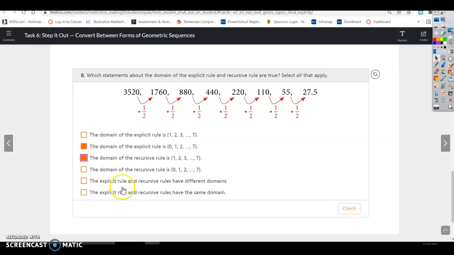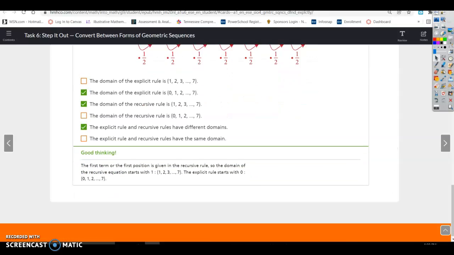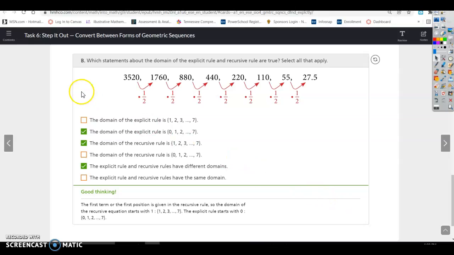That means that the explicit and recursive rules have different domains. The explicit rule has the 0 included as well. All right, that is all for task 6. If you have any questions, let me know.